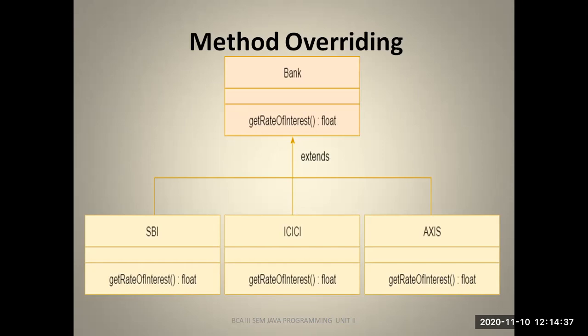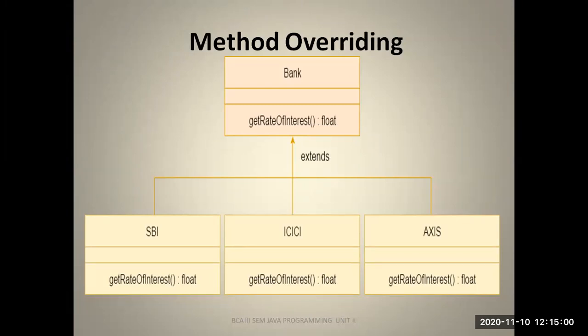It is defined in a different way in the subclasses. Bank will be extended by SBI, ICICI, and Axis. According to different banks, the rate of interest will be different, but the method names are the same.